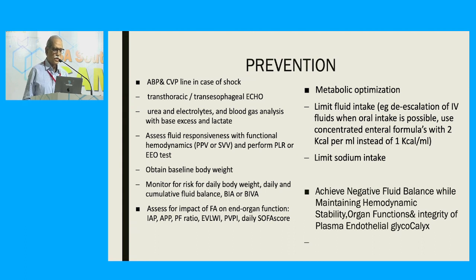And also assess the impact of fluid accumulation on end organ function. You can do this by looking at the intra-abdominal pressure, the abdominal perfusion pressure, PF ratios, the extravascular lung water index, the pulmonary vascular permeability index, and also the lady SOFA score.